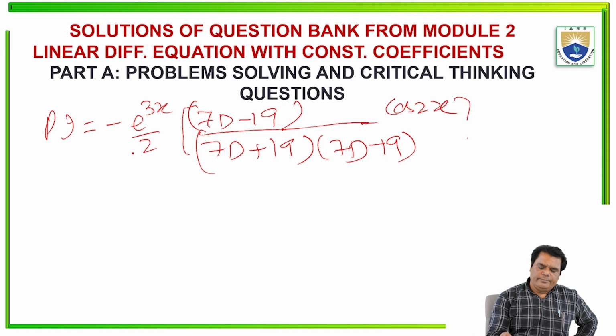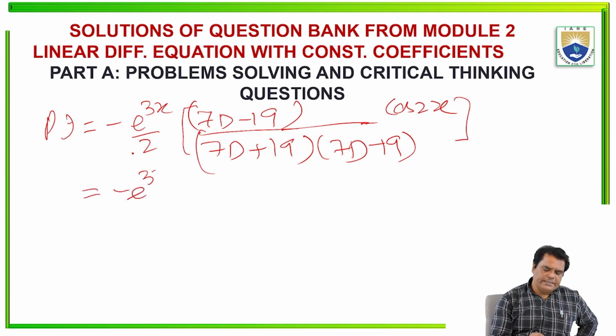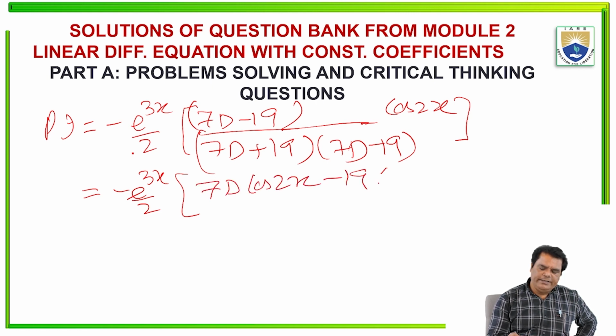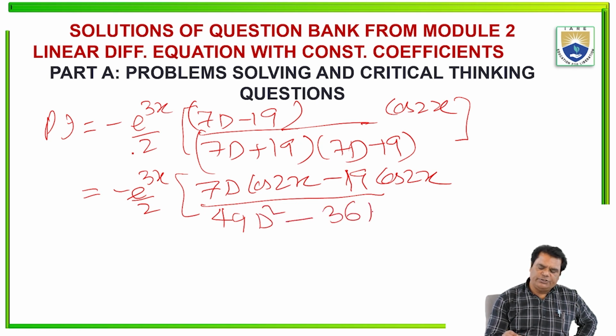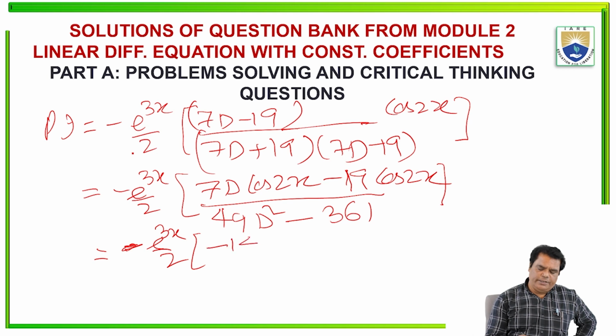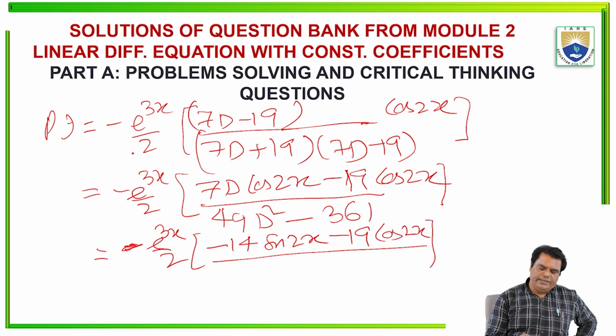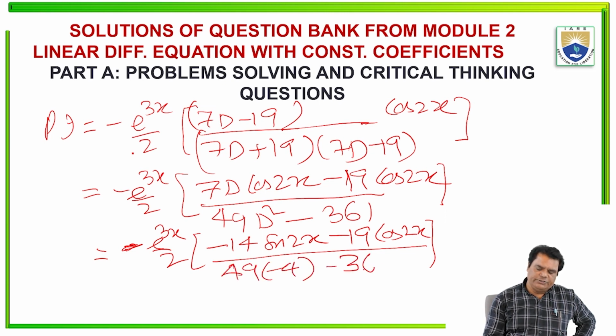So this equals e^(3x) upon 2, with 7D cos 2x − 19 cos 2x upon 49D² − 361. Differentiating, minus 14 sin 2x and minus 19 cos 2x, and putting D² equal to −4, so 49 into −4 minus 361.